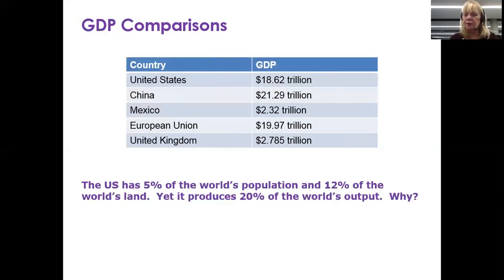Why does our output so greatly outpace the resources that we have available? It has to do with the efficiency with which we use our resources. It has to do with innovation and entrepreneurship, both of which the United States is famous for, and also has to do with our educated workforce.